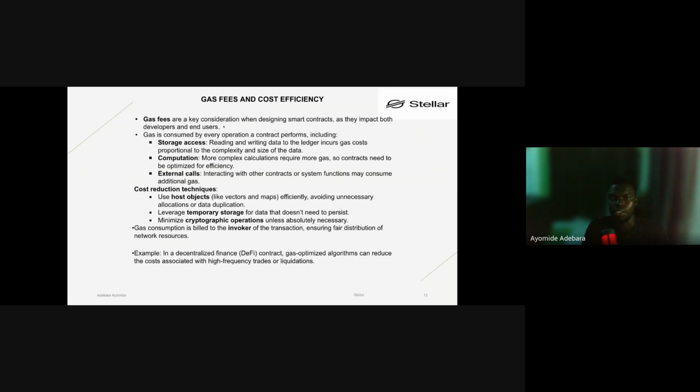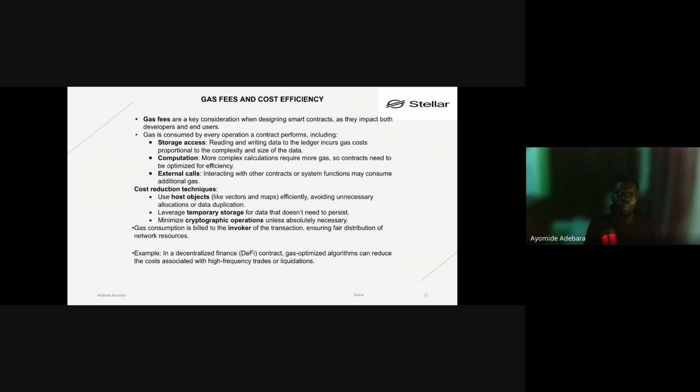Talking about gas fees and cost efficiency, one important thing you have to worry about is the consideration for gas when writing your functions, when having certain functions call other functions. It's important to consider how much fee is consumed whenever you have a function call.